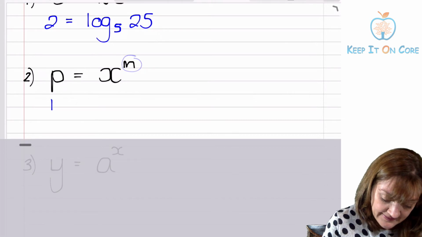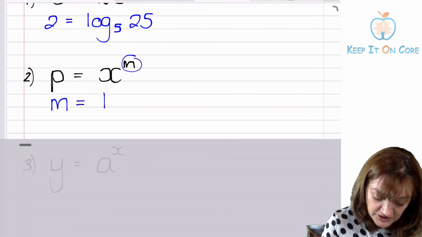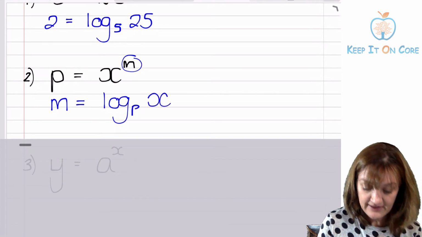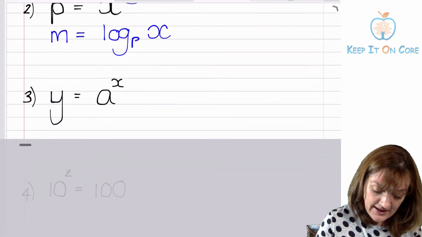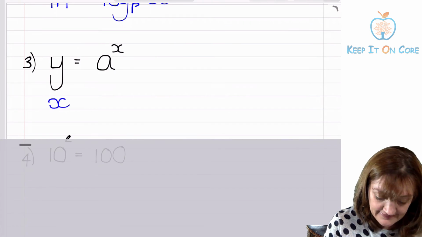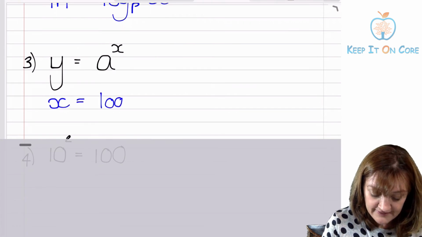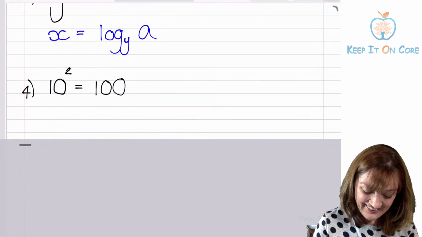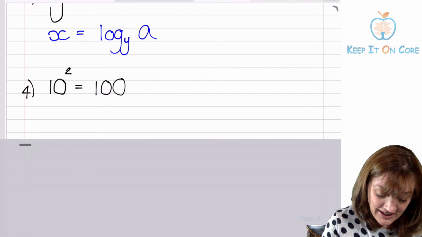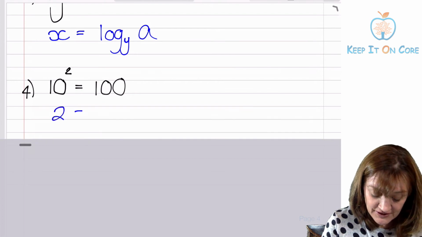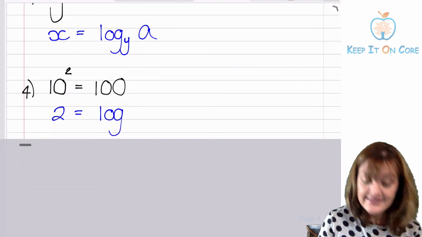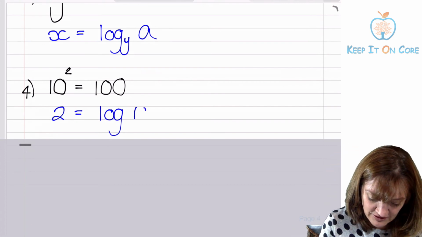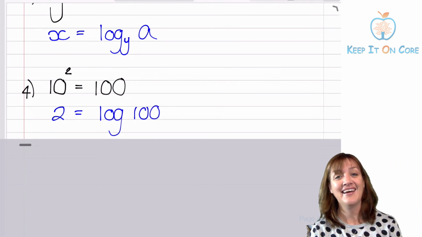The exponent is m, which equals log base p of x. Then I've got x equals log base y of a. And the last one over here, I have 2 equals log base 10. I'm actually not going to write the base because it's assumed that it's base 10 if it's not written, of 100. There we go.